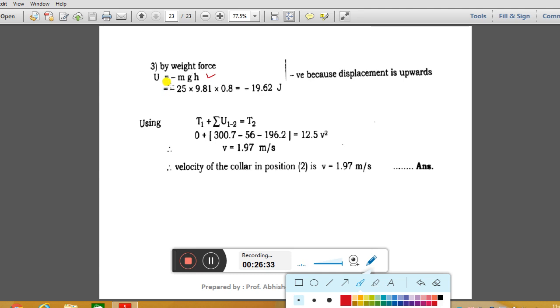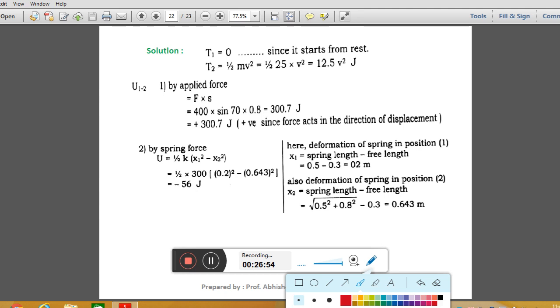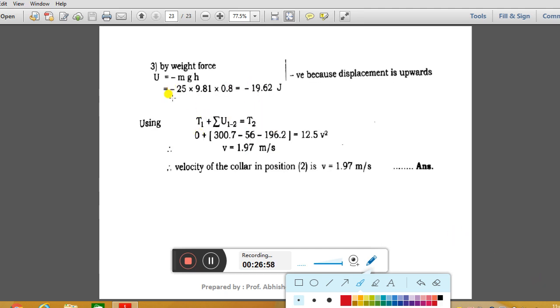So we take a negative sign. Put all the values: the mass is 25, g is 9.81, and h is already given. The vertical displacement is 0.8 meters. So we can calculate the work done by the weight force.